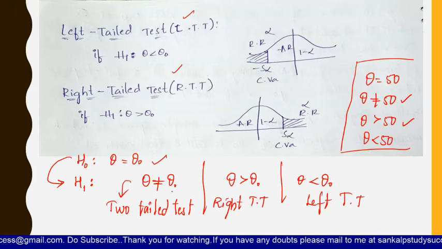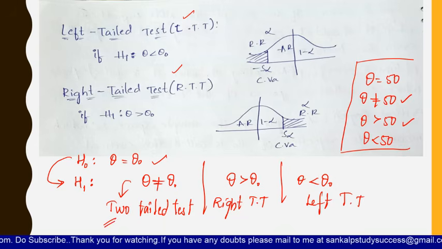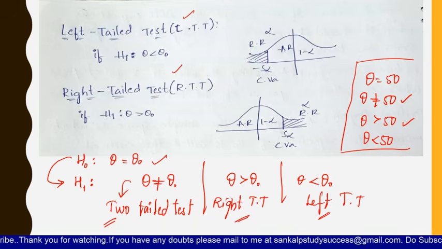So here we have seen with theta naught: if theta is not equal to theta naught, it is a two-tailed test. If theta is greater than theta naught, it is a right-tailed test. If theta is less than theta naught, it is a left-tailed test. In this way, we consider these three cases.